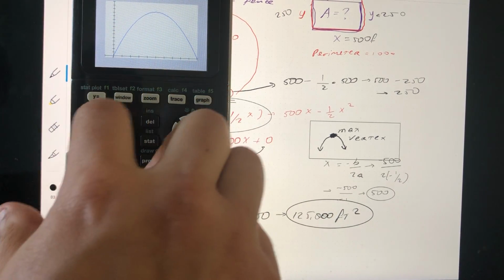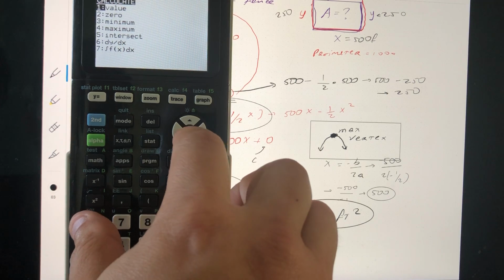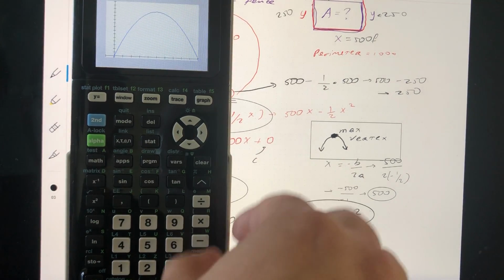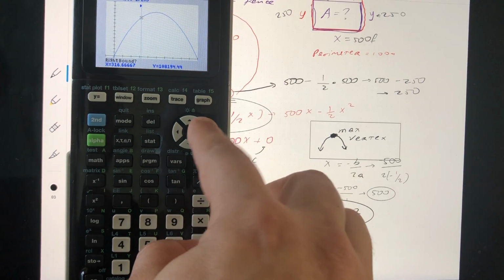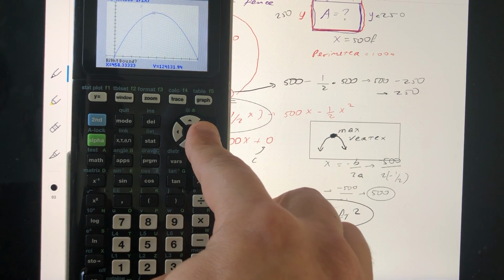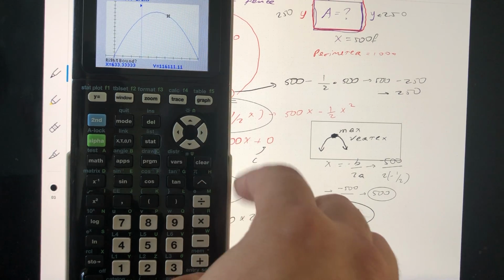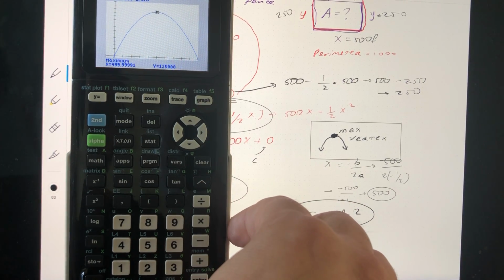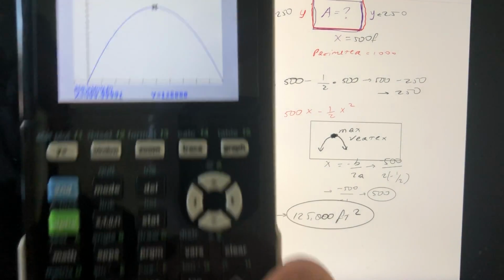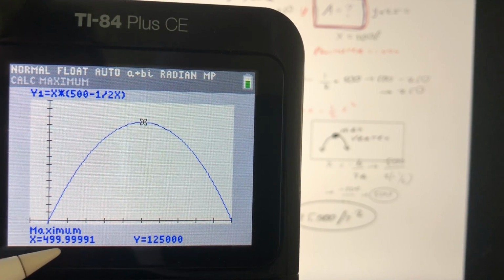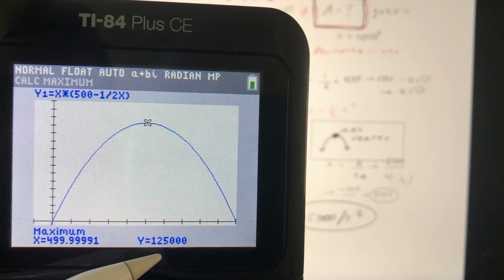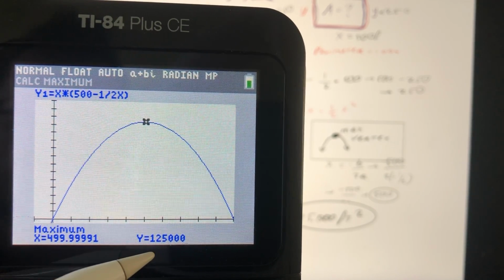So let's calculate the max, and then we need to be to the left side of it, anywhere to the left, and then anywhere to the right. Okay, that's far enough. And then guess in the middle. So here is the answer from the calculator. The maximum is found by x being 500, and the maximum area is 125,000.